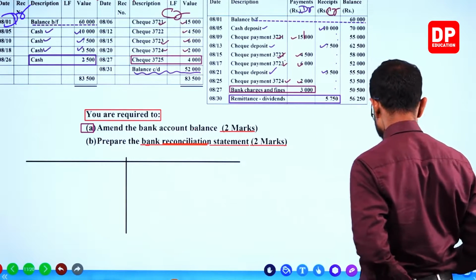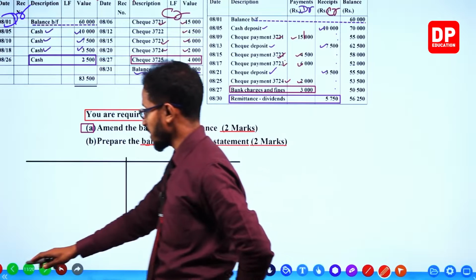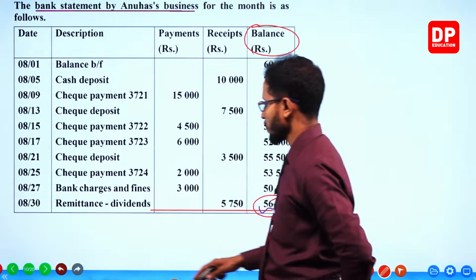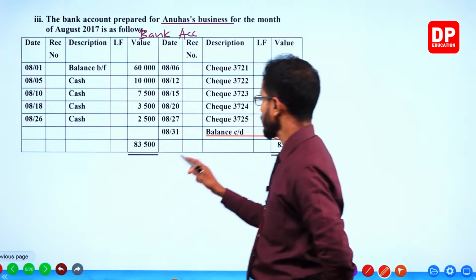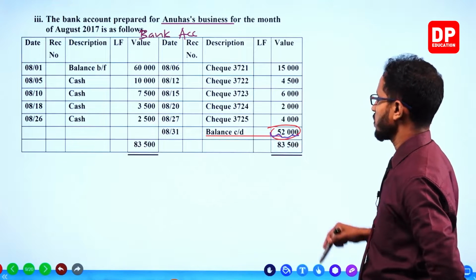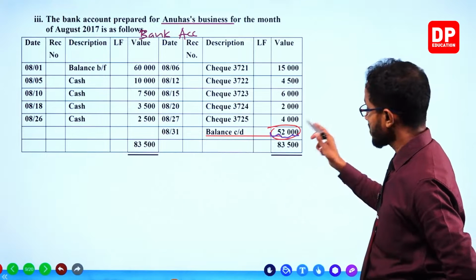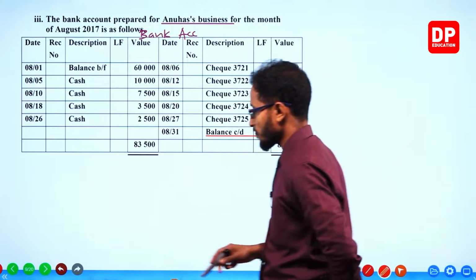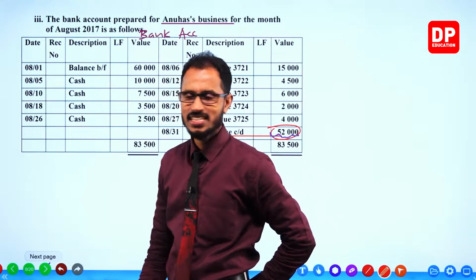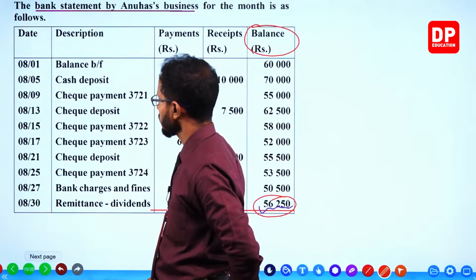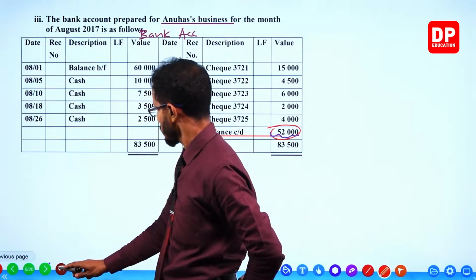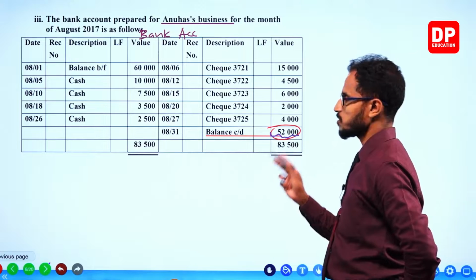Can you remember we marked the final balance? I'm talking about this one, which is not tallying. This balance is the one which is not tallying.